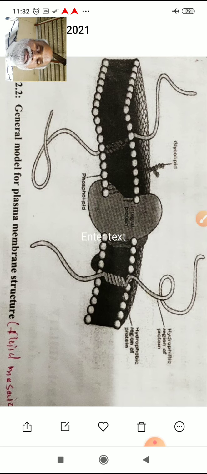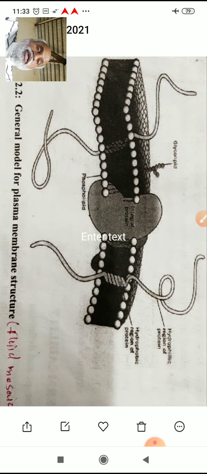Two layers of phospholipids are there, in which there is presence of proteins. So the definition once again: a biological membrane or an outer membrane of cell which is composed of two layers of phospholipids and embedded with proteins.